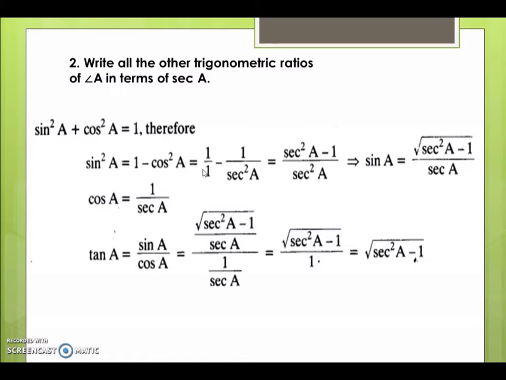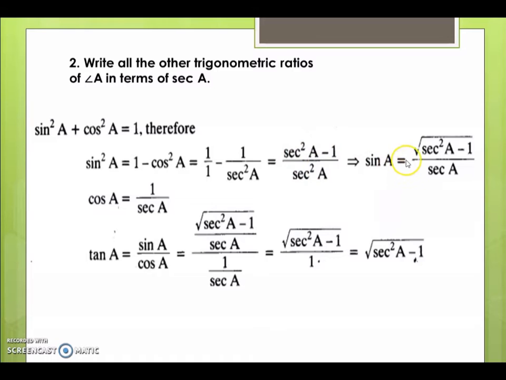So if you can express sin in terms of cos, then you will get it in terms of sec also. So 1 minus cos square A, further I have written it as 1 minus 1 by sec square A. Then taking the LCM, it will become sec square A minus 1 divided by sec square A.